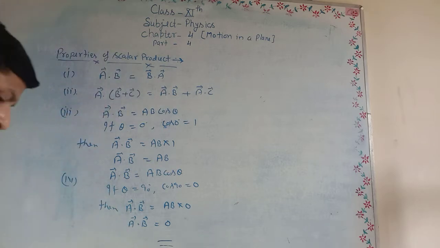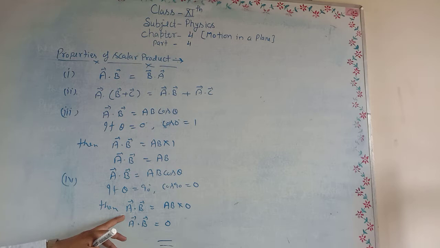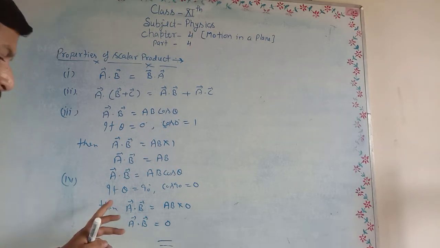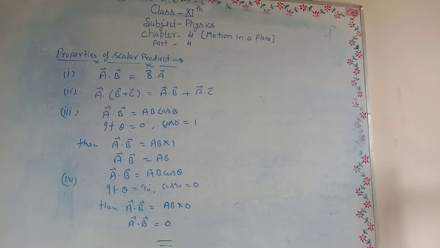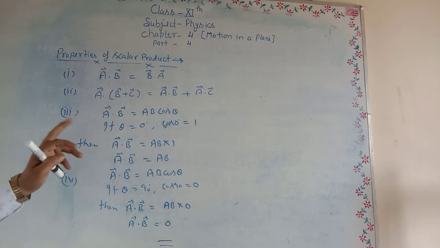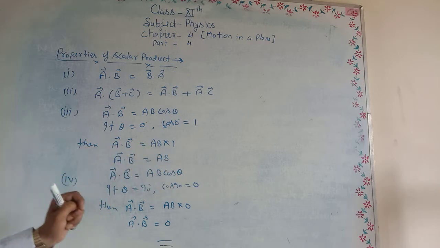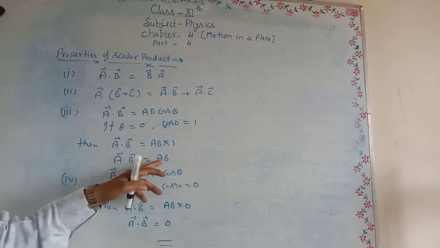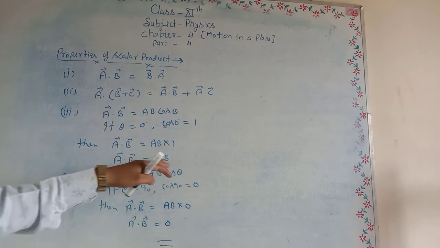If two vectors are perpendicular to each other, then their dot product or scalar product will be 0, and if two vectors are parallel to each other, then their dot product will be the product of the magnitudes of the vectors.